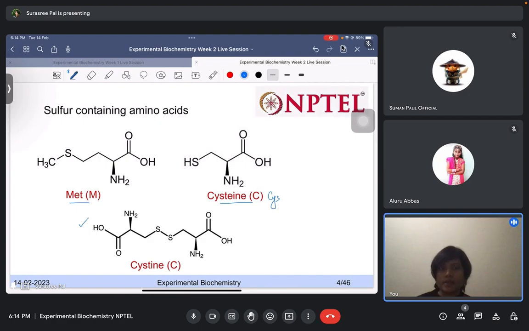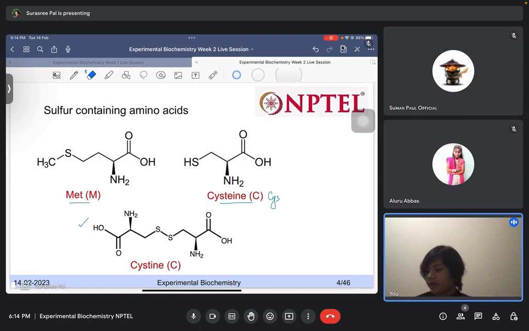It's not an amino acid, rather it's a peptide formed by 2 cysteine molecules. I'm sorry, I'm mistaken. It's not a peptide. Please don't confuse. It's not a peptide, but when these 2 cysteine molecules are joined by a disulfide bridge or disulfide linkage, then it forms a cystine.